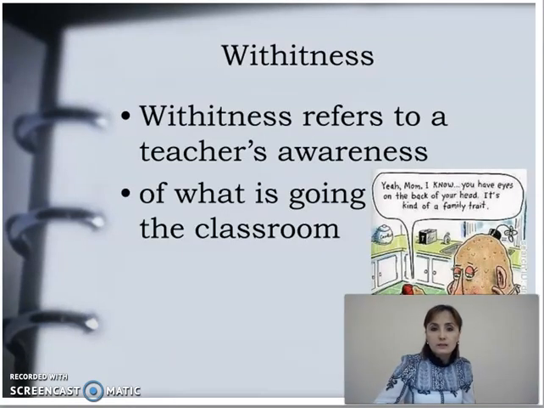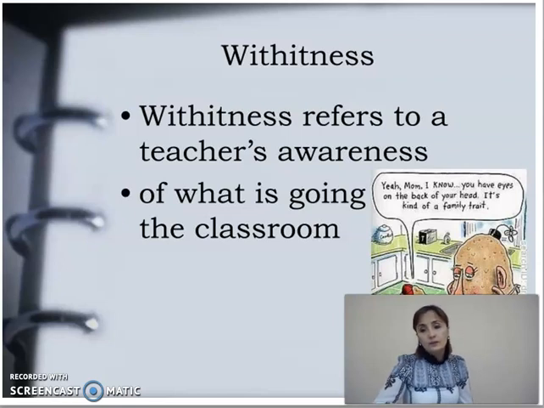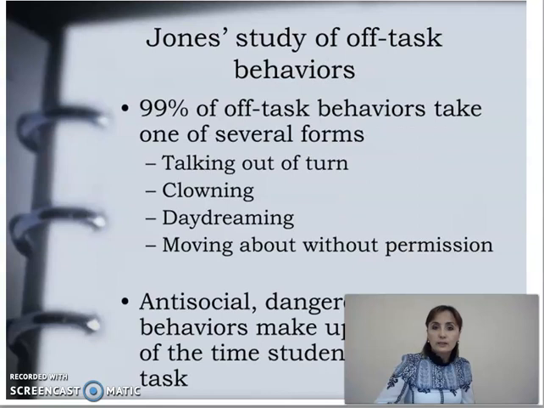Vividness, what does it mean? Vividness refers to a teacher's awareness of what is going on in the classroom. We have already mentioned this one. In order to be aware, teachers should move around the classroom during the lesson.